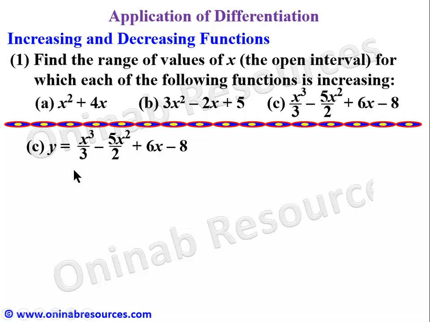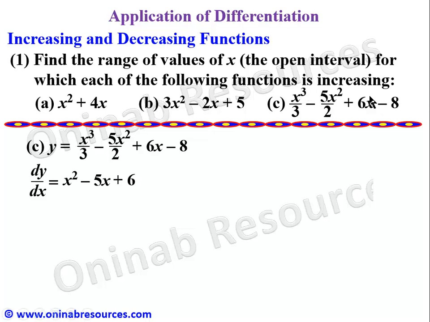We find the first derivative again, that is dy/dx is equal to, we are multiplying the whole thing by this power, which is 3, so the 3 goes, and reducing the power by 1, we have x squared minus 5x. If you find the derivative of 5x squared over 2, it gives 5x. Derivative of 6x is 6. Derivative of a constant is 0.